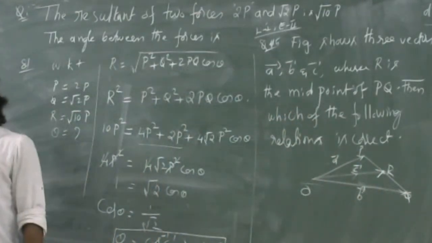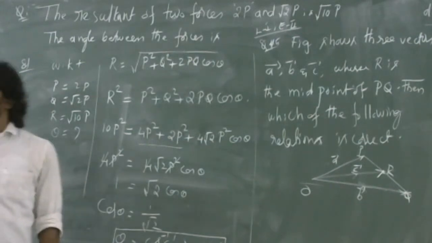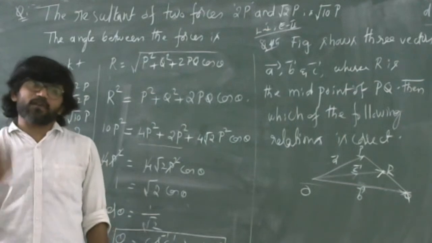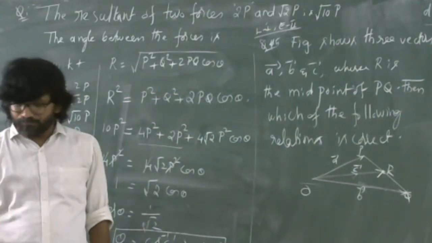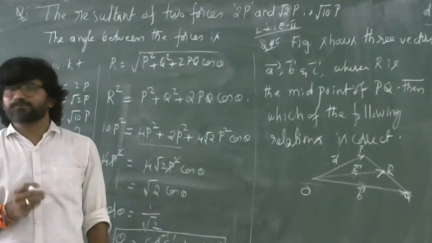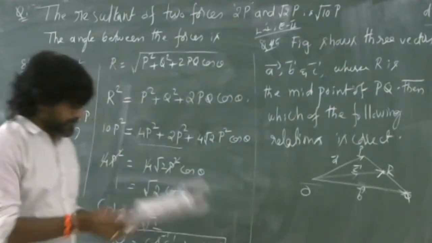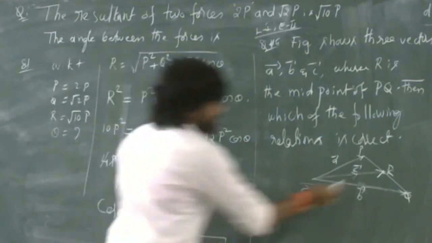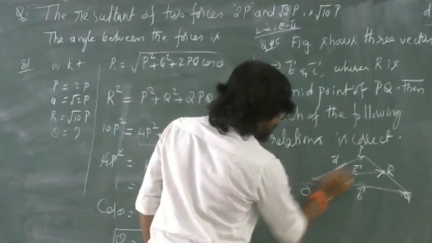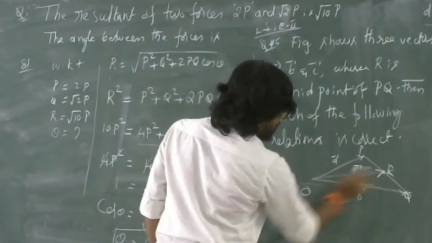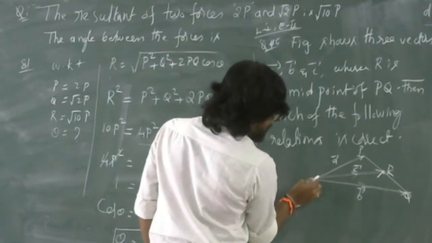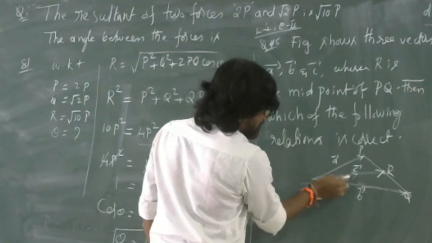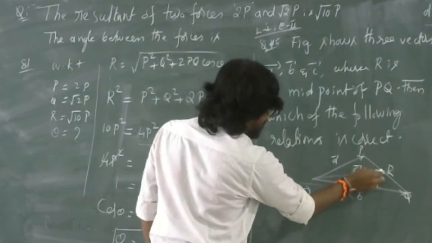Then which of the following relations is correct? To understand this, you need to go through all the basics we have discussed. I will give you two points briefly. What you can understand here is this A vector, this C vector, and this is one more vector.